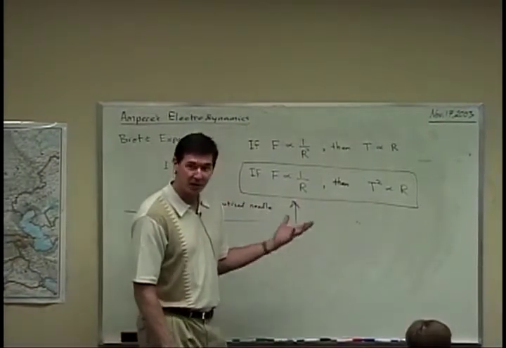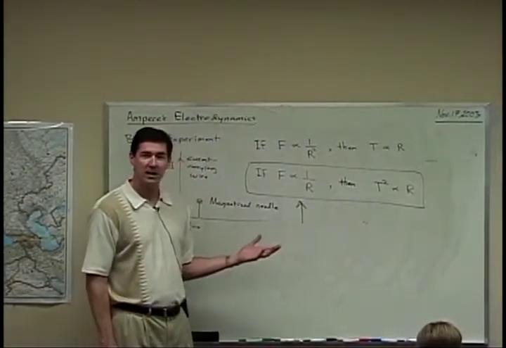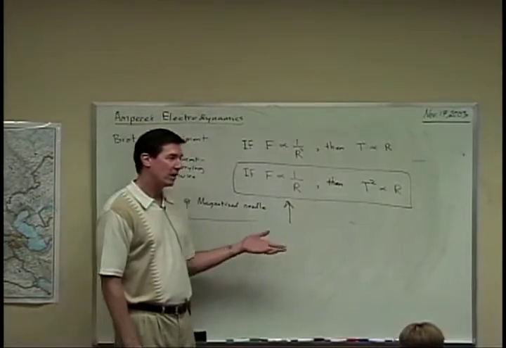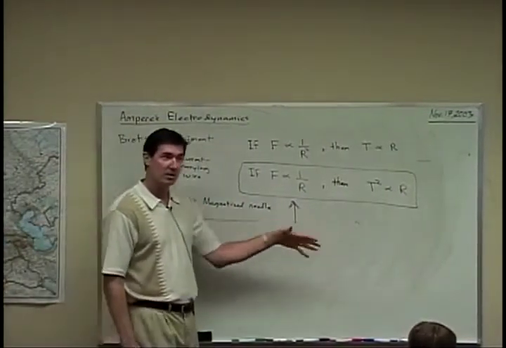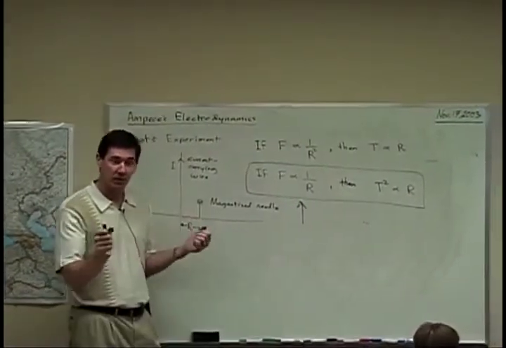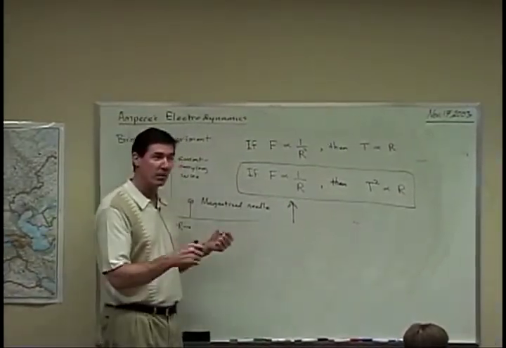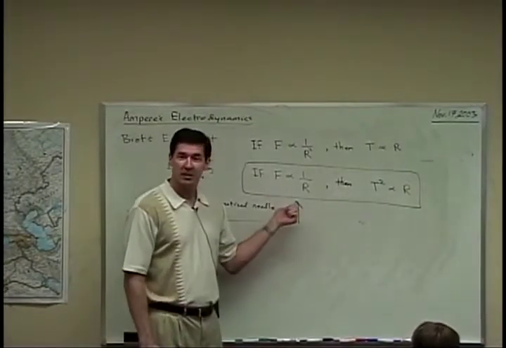Now, for gravity, we saw that the force falls off as the square of the distance. So as you double the distance, the force goes down by a factor of 4. So the force falls off quite quickly. And it's the same thing for electrostatics, right?